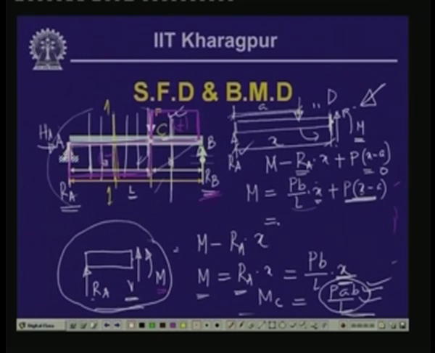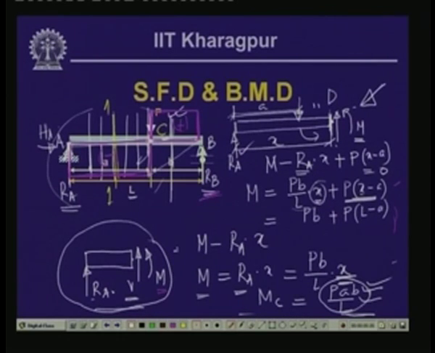When x is equal to L, this is equal to P B plus P into x. Now, x here we have substituted as L, this is L minus a.